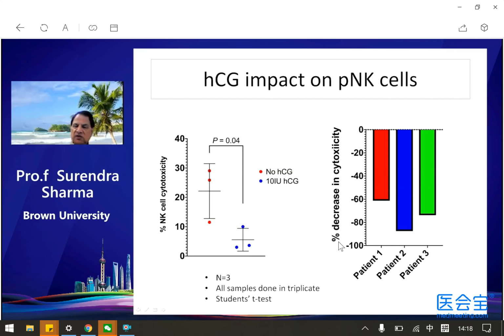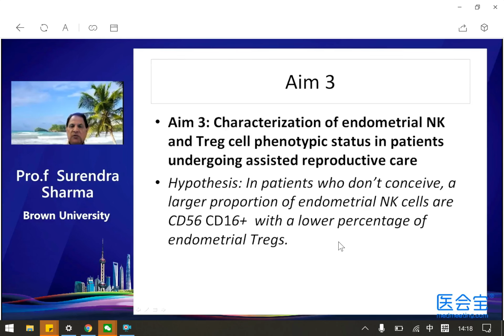On the right-hand side you can see 3 different patients. We have done experiments and you can see inhibition of cytotoxicity. Of course, it varies from patient to patient, but the common thread is that in all cases, HCG could inhibit cytotoxic activity of peripheral blood NK cells from non-pregnant women. So this was one experiment.